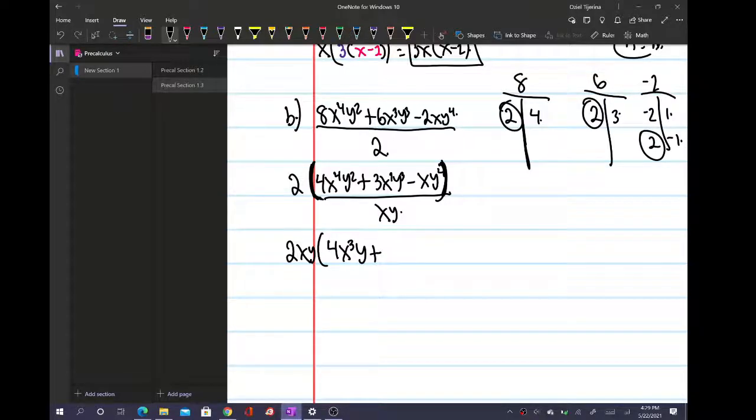And then plus 2x, and then I would say 3, and then it would be x, since this is x cubed over x.